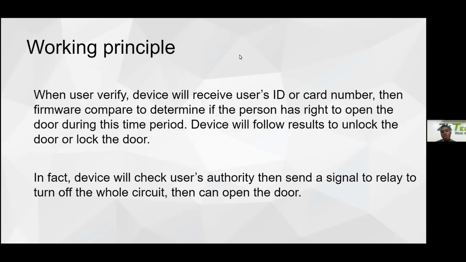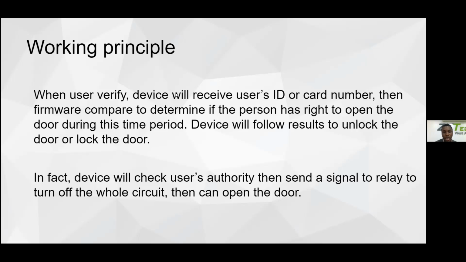So when this person comes near your door, the device, let's say you get the F18 or our SpeedFace device, once this device is able to get this person and verify who the person is, to say that this person has access to come in or go out of that environment or vicinity, then the door will be opened or the door is locked. That's when it sends a signal to the door to open.